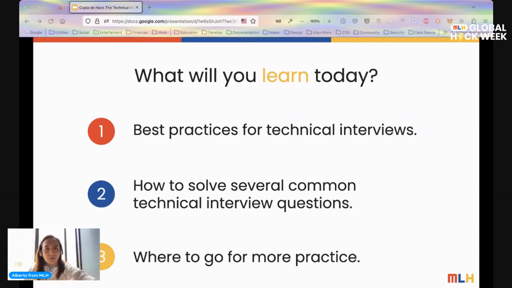What are we going to learn today? Again, this is for technical interviews, so we're going to learn the best practices in technical interviews and how to solve common technical interview questions. There are many algorithms we have to cover to fulfill this, but when I say common technical interview questions, I'm trying to say your questions, not the questions from the interviewer.